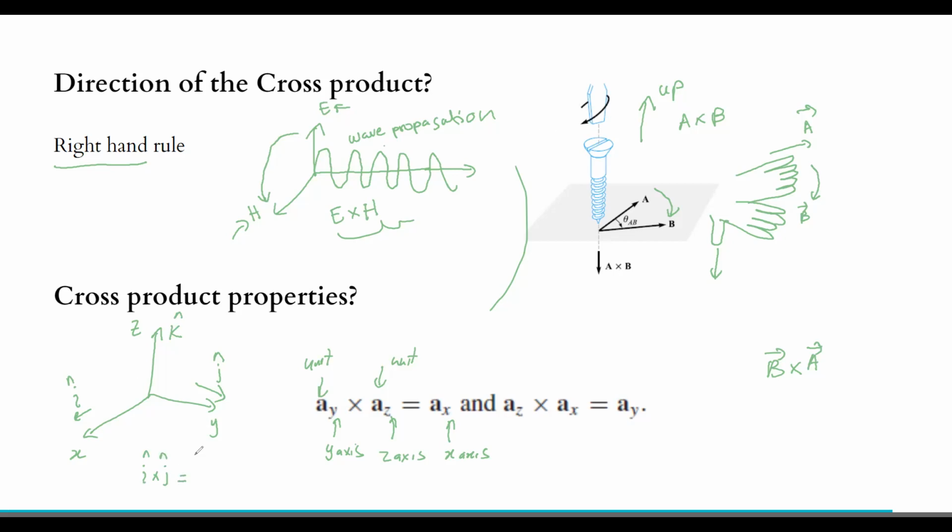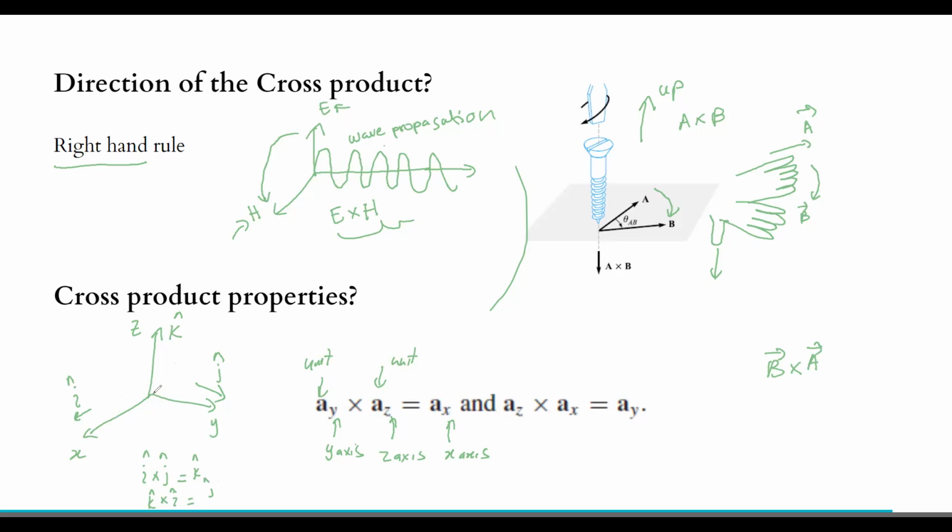Yeah, it's correct. What is k hat into i hat? What is it? It's j hat, right?